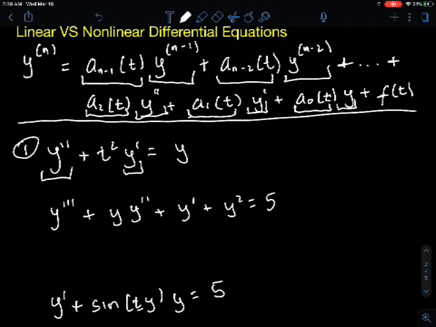Y prime has a term t squared next to it, and based on the definition we are allowed to have functions that depend only on t or only on x. So we're fine with this one, and y has a constant value next to it, so we can say this is linear.